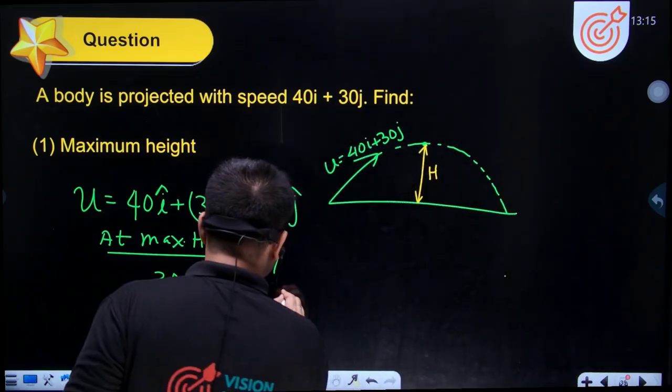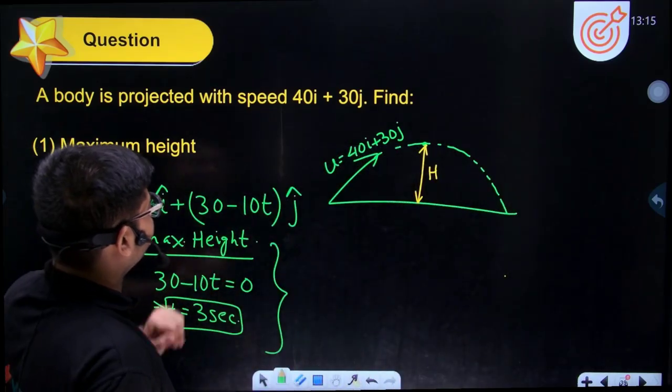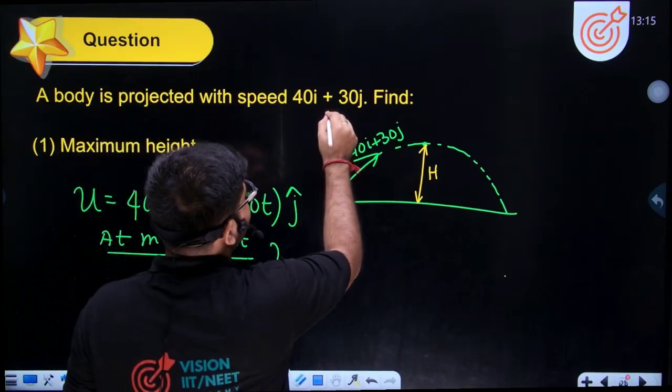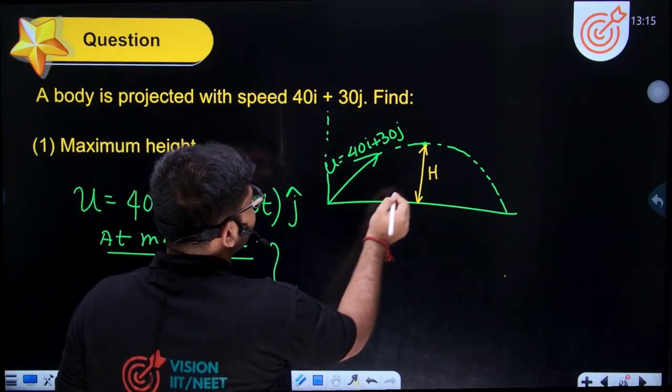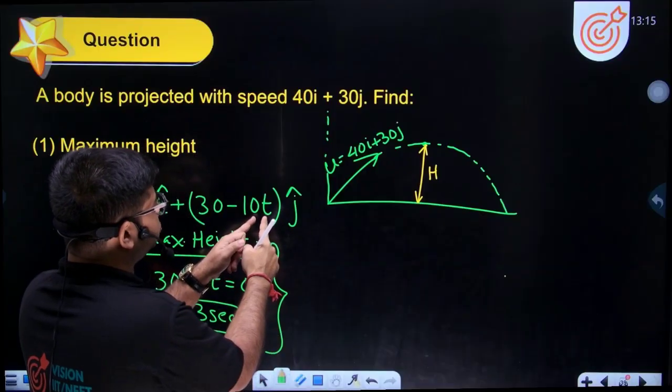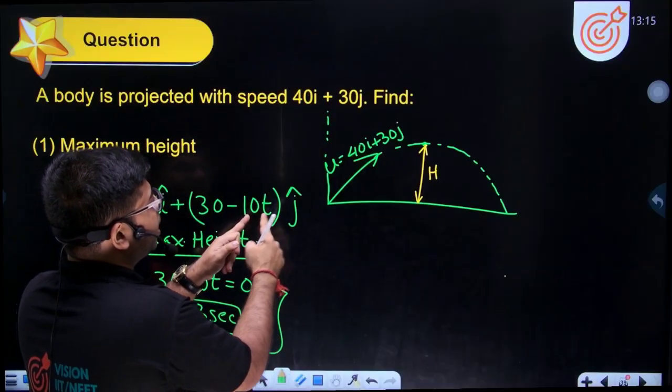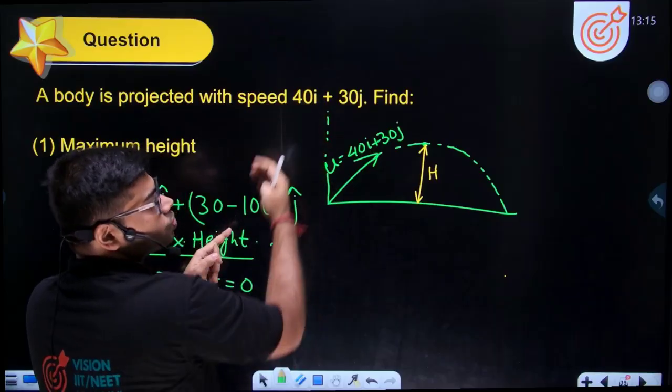Now you see, this is the y axis. If you put the value of t equal to 3 here, you will get the maximum height along this y axis.